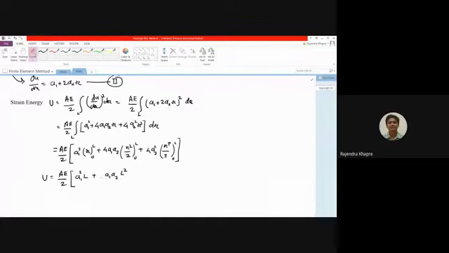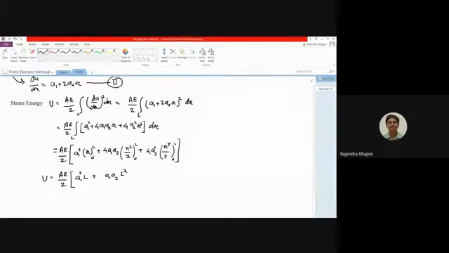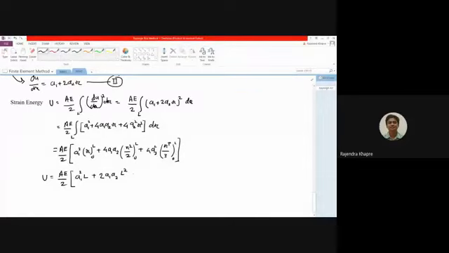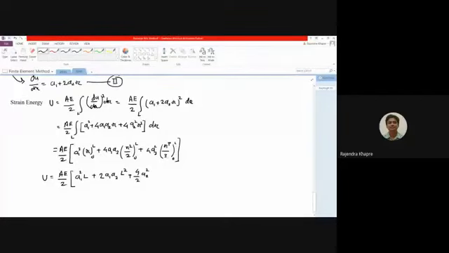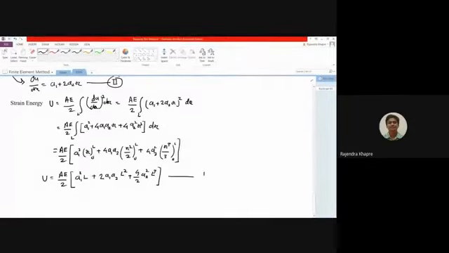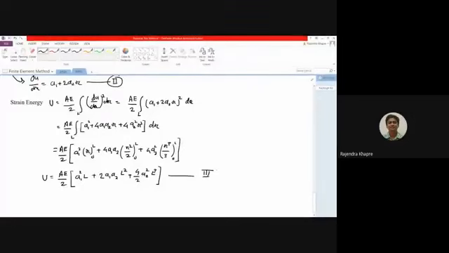So in place of this I'm going to write down this as 2, plus you have 4 by 3 now, and you have a2 squared, and x to the power 3 will become L to the power 3. Okay, so this is the expression. Let us call this expression number 3. So this is the expression for the strain energy.